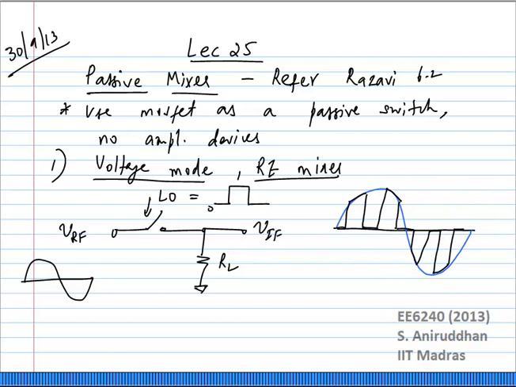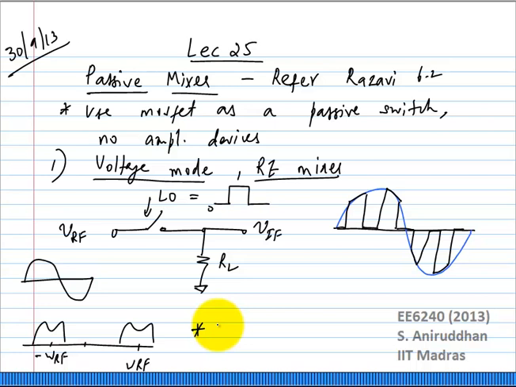In other words, if the input was a double-sided waveform at plus or minus omega RF, in the frequency domain this is convolved with the Fourier transform of the LO waveform. But we are interested only in the IF, so we'll take the first harmonic.